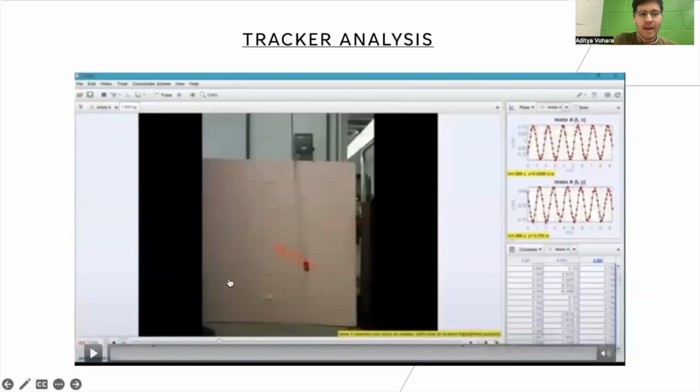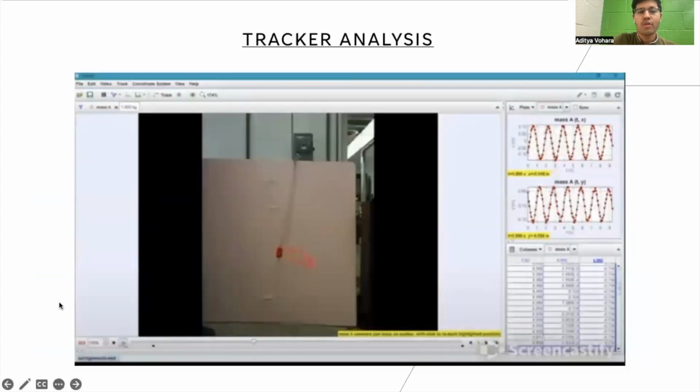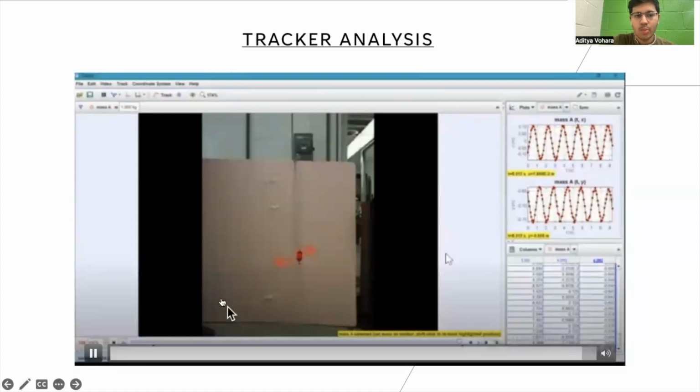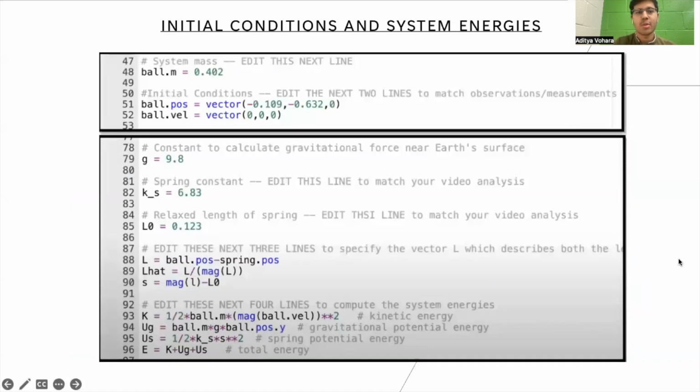Now let us look at the tracker analysis. A tracker model was used to analyze the motion in both X and Y axis, and then the Excel file was converted into a CSV file as shown below. The initial conditions for the experiments are: the ball mass was 0.402 grams, the initial position was minus 0.109 and minus 0.062, and the initial velocity is 0, 0, 0.